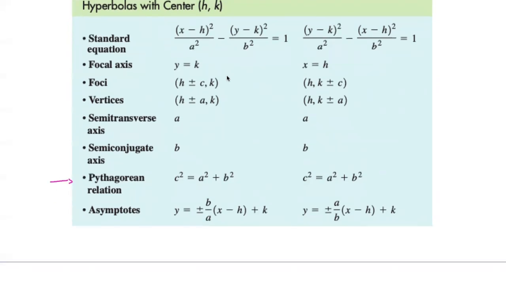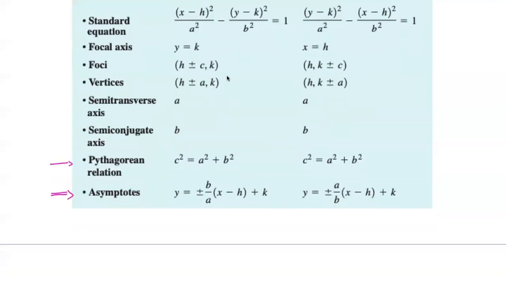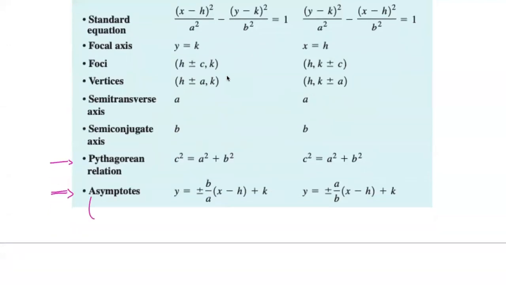The second piece that I want us to notice is we have asymptotes in this hyperbola. And in fact, we have slant asymptotes in this hyperbola.